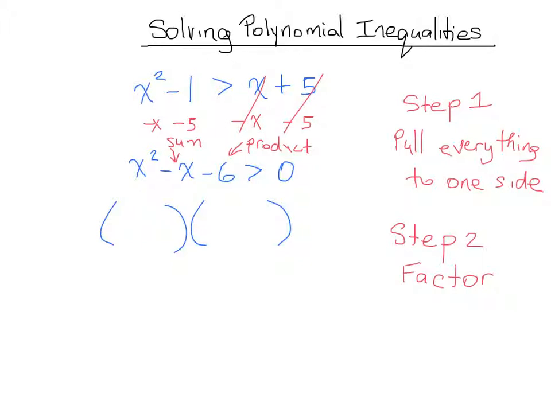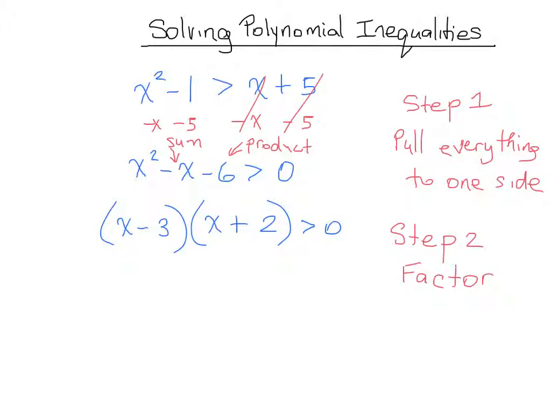If you said negative 3 and a positive 2, you are correct. Very nice. Okay, and as you know, we're going to split the x's up. We have x on one side, x on the other side, and this is greater than 0. Okay, so far, everything looks exactly like what you already know how to do.